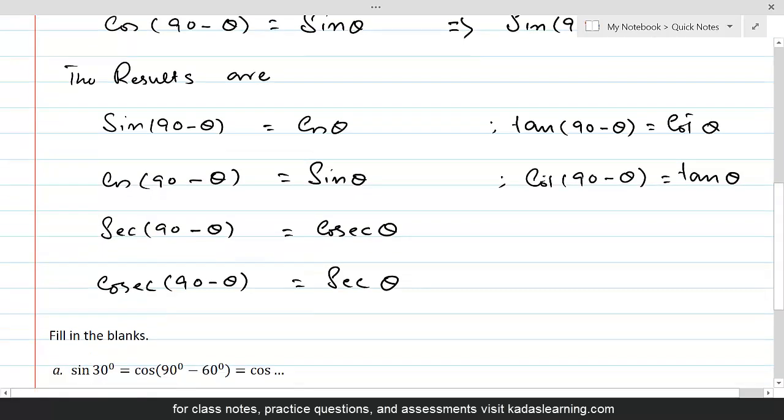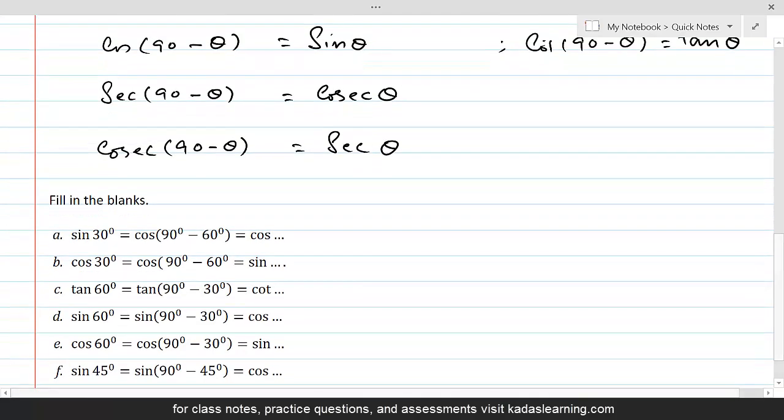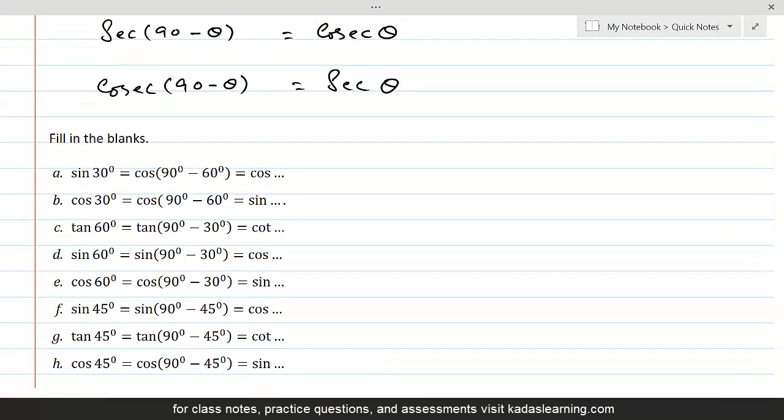We'll do this in the next lesson, but these relationships are very important to understand and to memorize. Let's take a look at a few of these questions and try to fill in the blanks. Here sine of 30, which can be written as 90 minus 60, because 90 minus 60 is equal to 30. So it is perfectly okay.